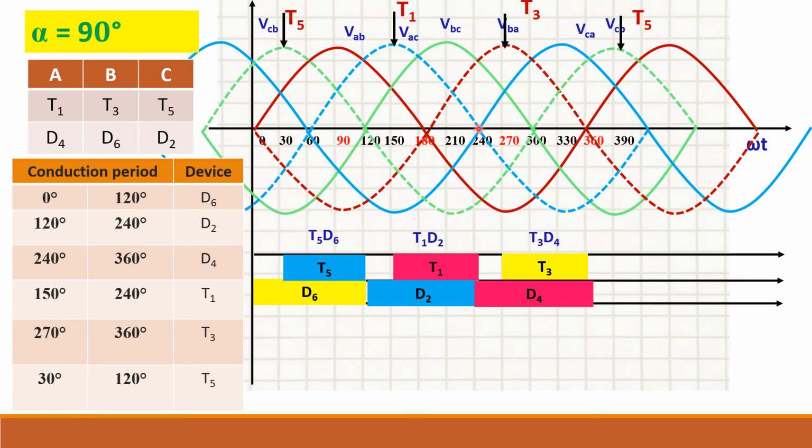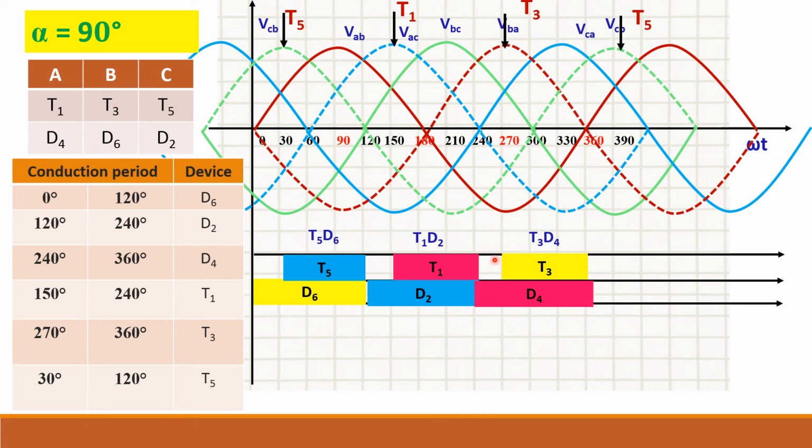Because of that, T1 gets turned off automatically. That is due to the reversal of supply voltage. Since the supply voltage is getting reversed here, the thyristor gets turned off automatically. But T3 is turned on only at 270 degree. So here only it gets turned on.